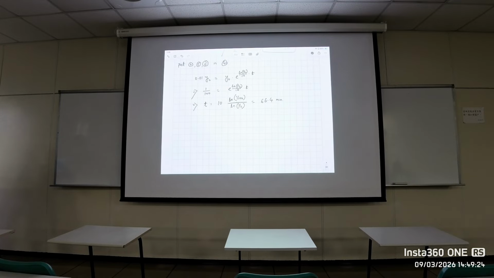Break the ln, it will be e to the power something. When you remove e, it will be ln something. Yes or no?